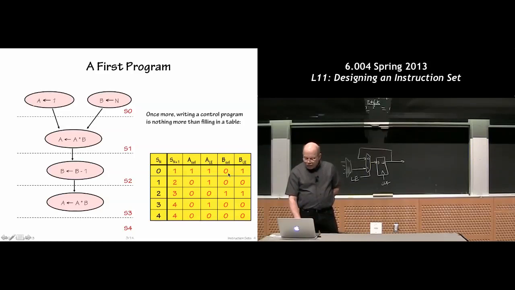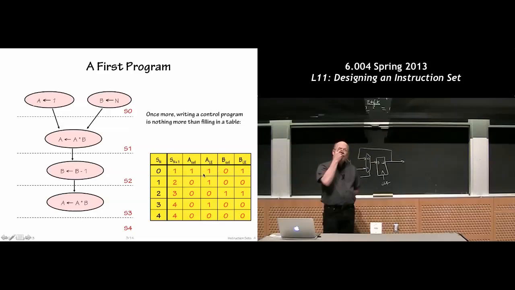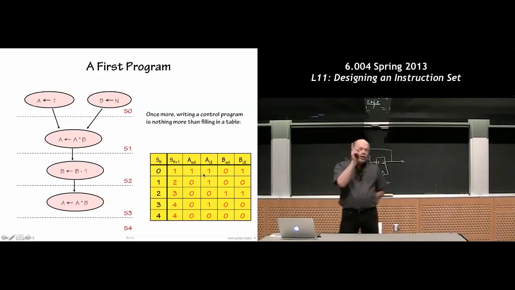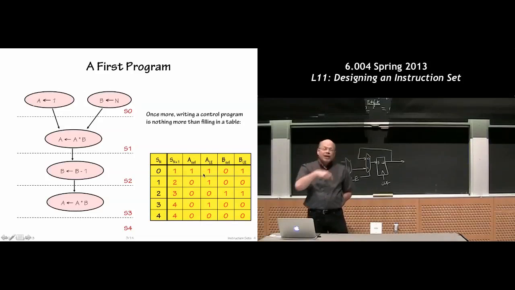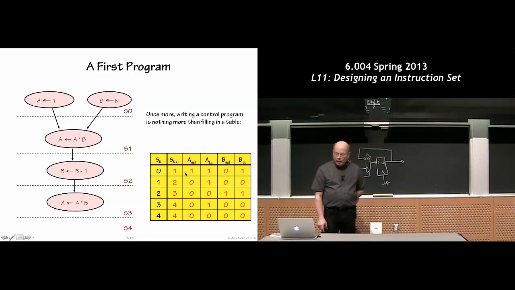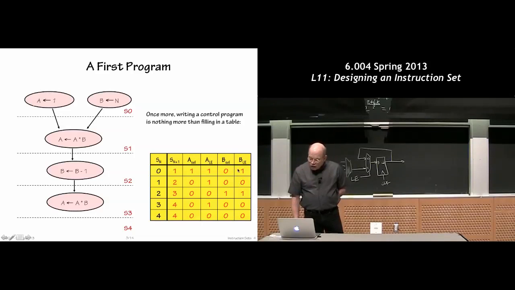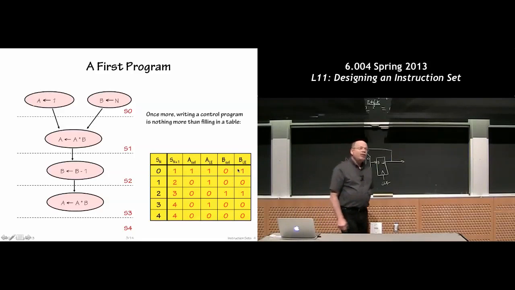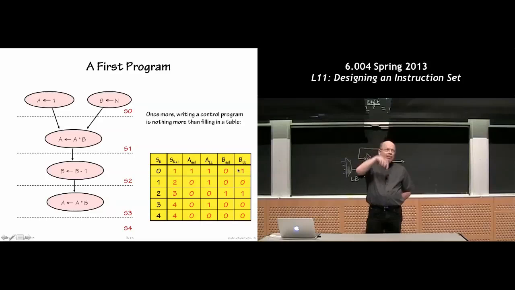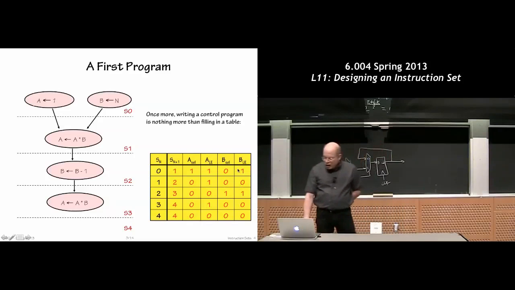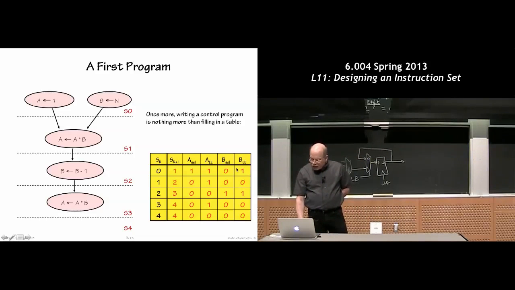So for example, if you look back at your data path, when the load enable signal for A, the ALE signal, the thing that controls the mux, is 1, we're selecting the value 1 to stick into the register A, and we actually load the register A because A cell is 1. And similarly, when B cell is 0, we're selecting the value n to be routed to the input of the B register.